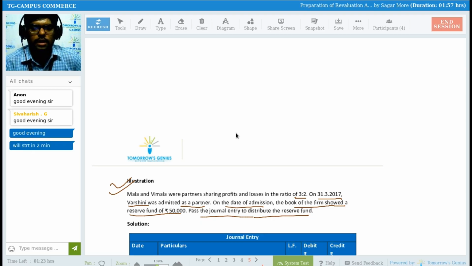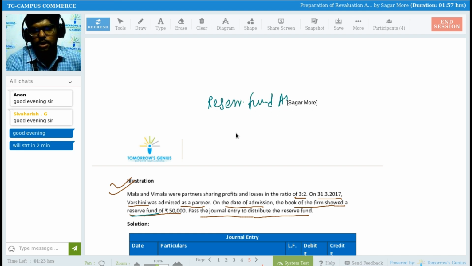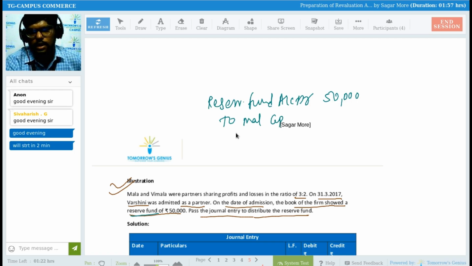Reserve fund account debit, 50,000 rupees, sir. Okay. To Mala's capital account, and to Vimala's capital account. Absolutely correct.